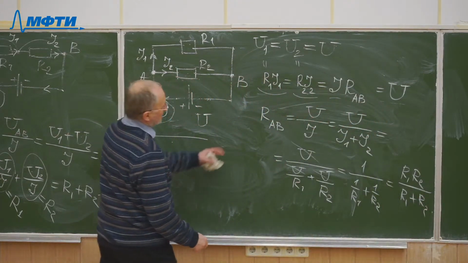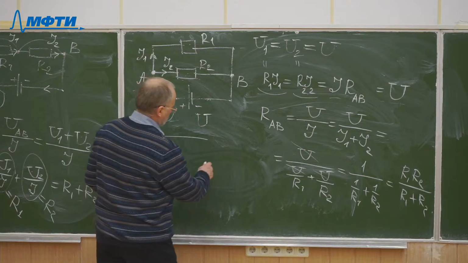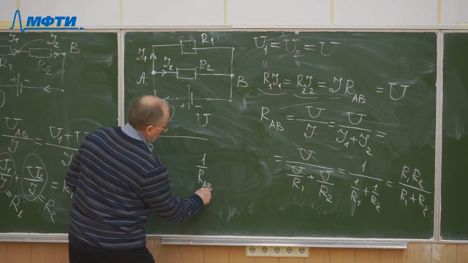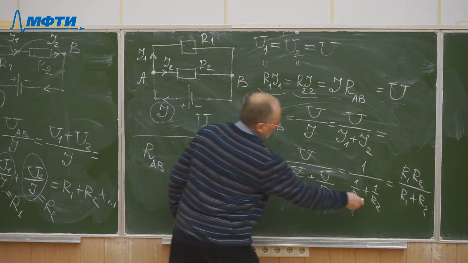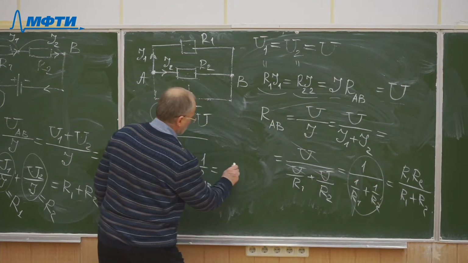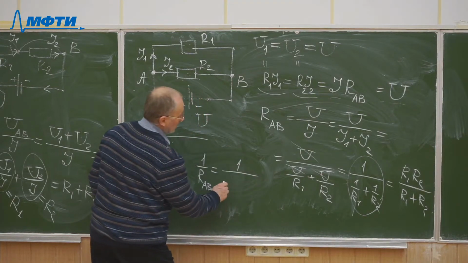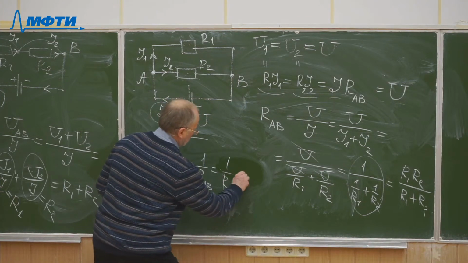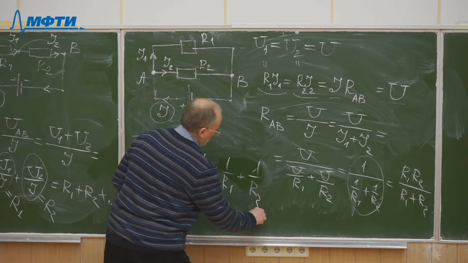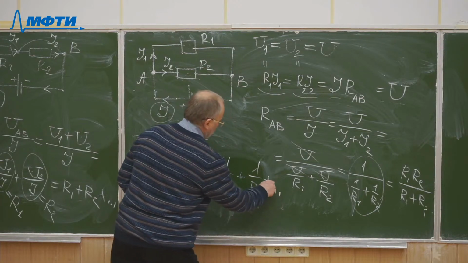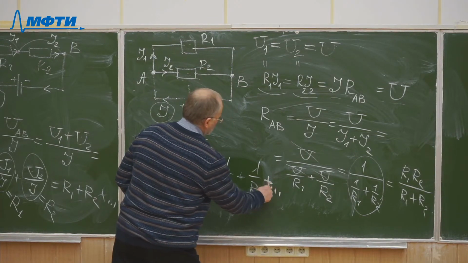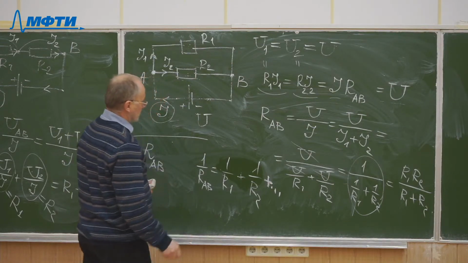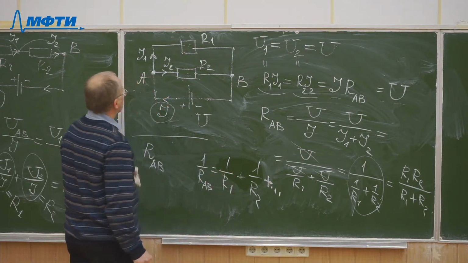And in the general case, if we reverse this expression, we will obtain that 1 over the total resistance equals 1 divided by R1 plus 1 divided by R2 plus etc., if we have more than two resistors connected in parallel.